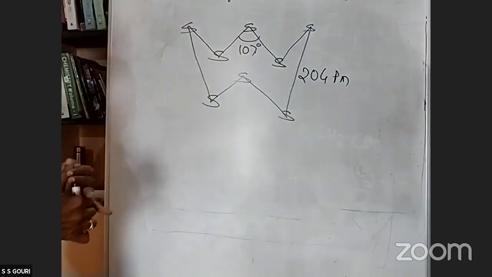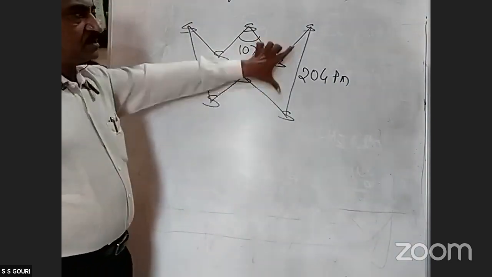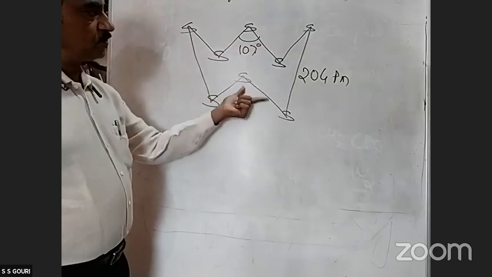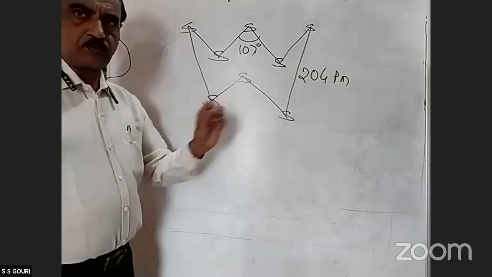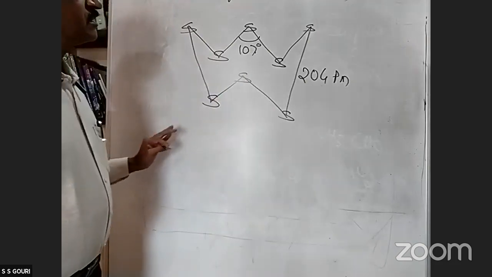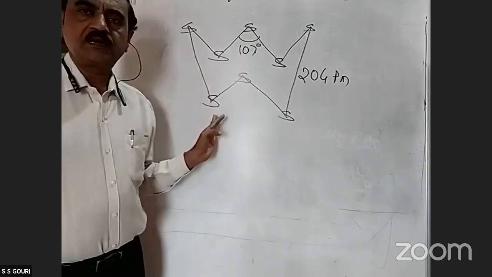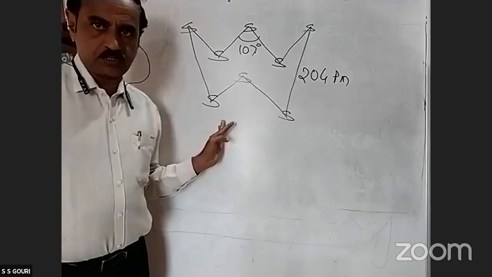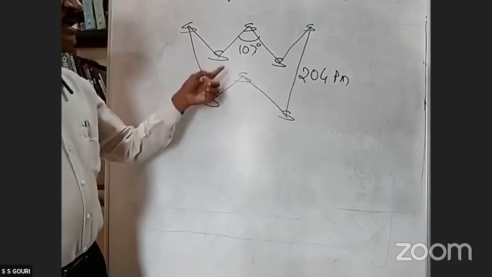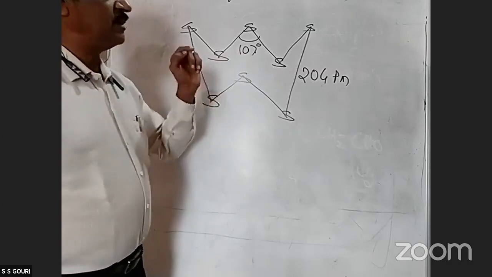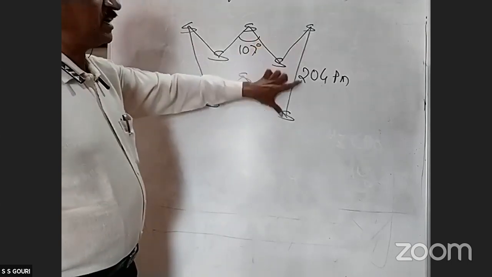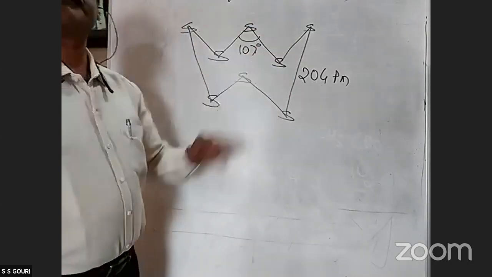All these bond lengths are 204 picometer. Just note it down. S8 has a crown shaped structure making an angle of 107 degrees with a bond length of 204 picometer.